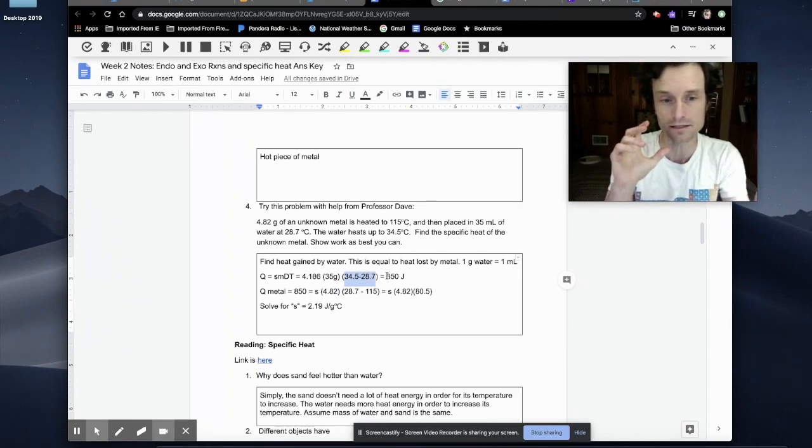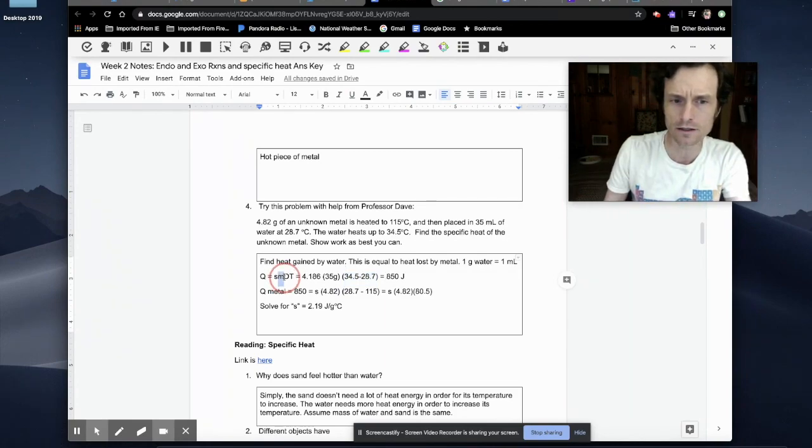What's the mass? Is it the water's mass that I put in here? Is it the metal's mass? Well, it depends. Are you trying to find the heat of the water or the heat of the metal? If it's the heat of the water, then make sure you put the specific heat of the water, the mass of the water, and the delta T of the water here too. I'm using D for delta.